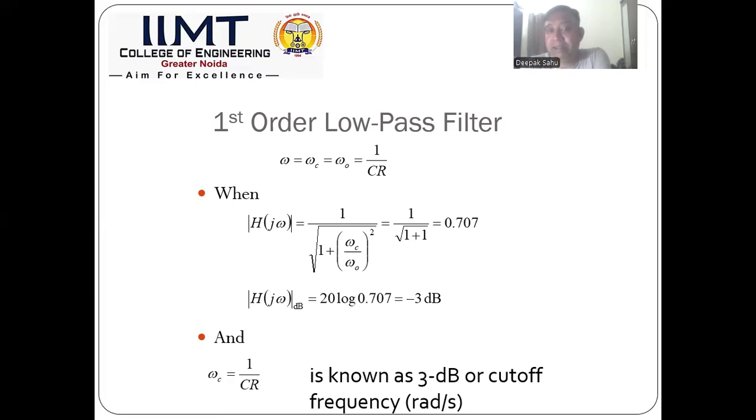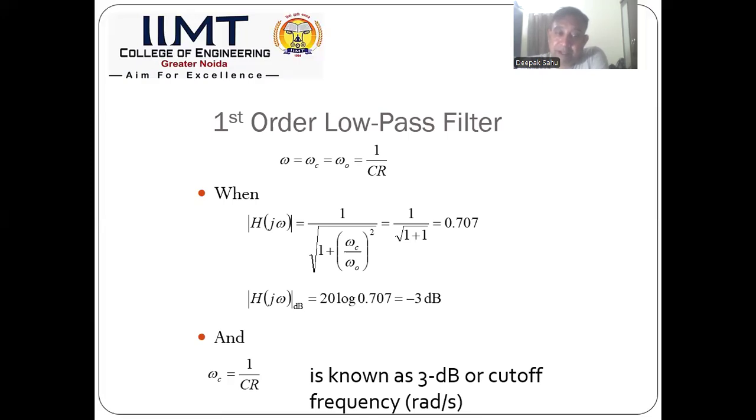We can clearly see 0.707 in absolute value and minus 3 decibel on the graph. So it is at this frequency that the gain drops about minus 3 decibel from the 0 decibel position, and if we take a projection on the x-axis, we get the bandwidth.